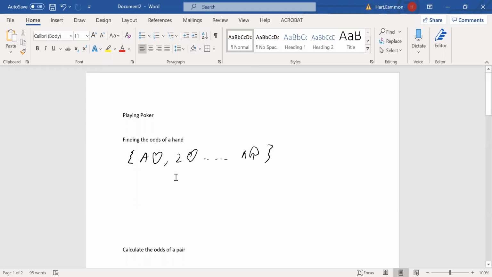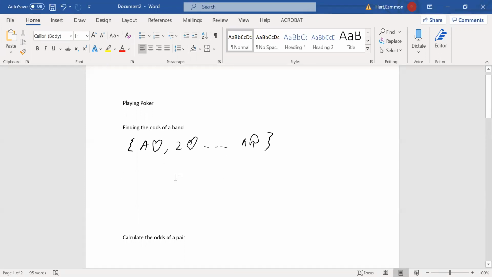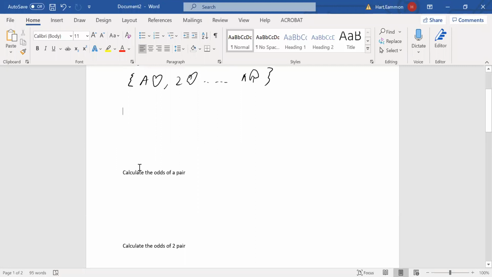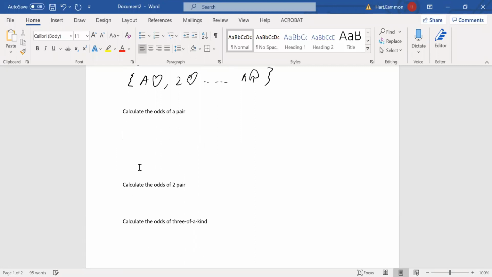And if we're playing poker, for our purposes, we're going to assume that we have 5 card hands. So if this is 5 card stud we're playing, though most poker games you probably actually have 7 cards.